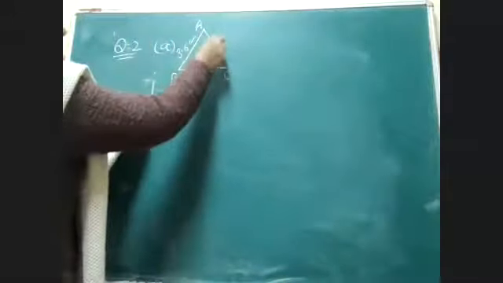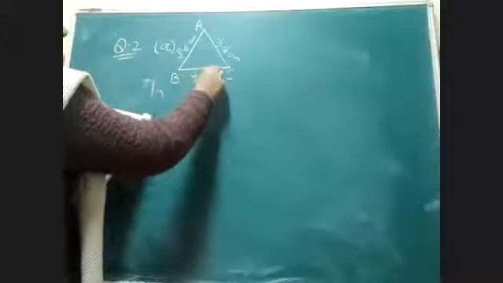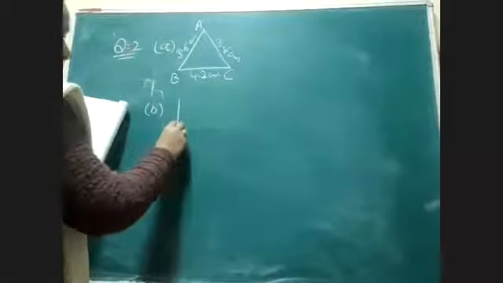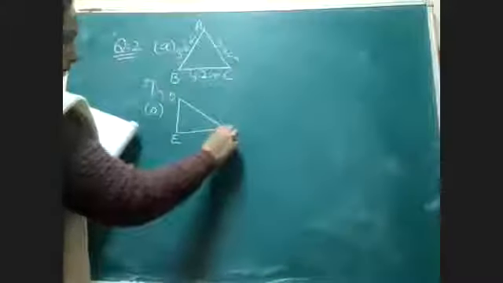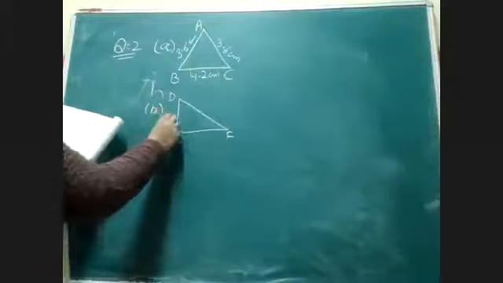This side is also 3.6 centimeters, and this side is 4.2 centimeters. Now part B, we have triangle DEF. This side is 3 centimeters.